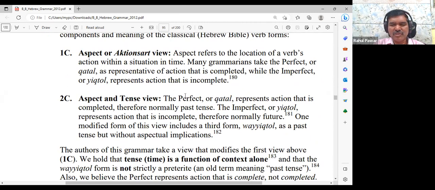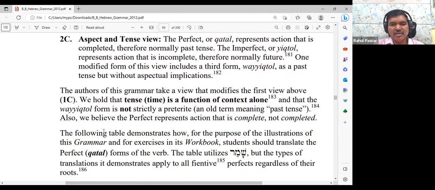See here. So they find that perfect or katal represents action that is completed, therefore normally past tense, whereas imperfect or iktal represents action that is incomplete, therefore normally future. One modified form of this includes the third form, that is vaiktal, as a past tense but without aspectual implications, that we are going to learn afterwards.